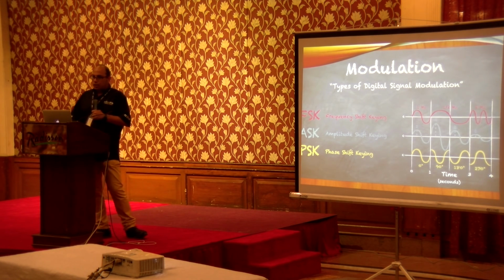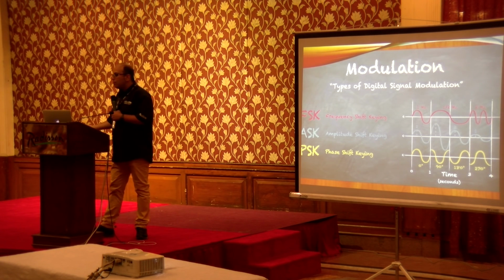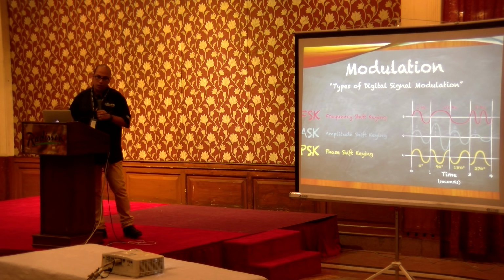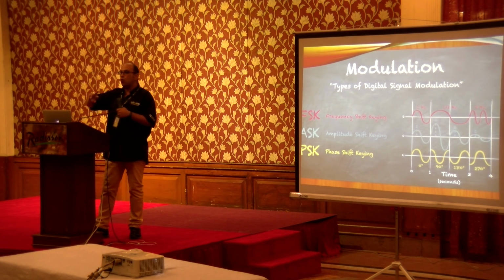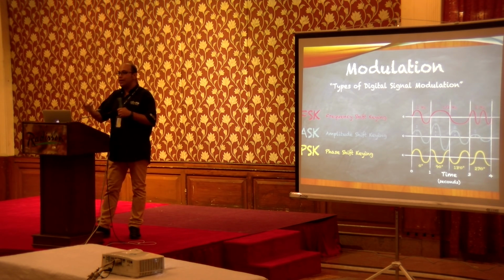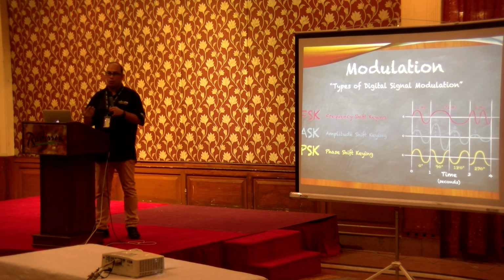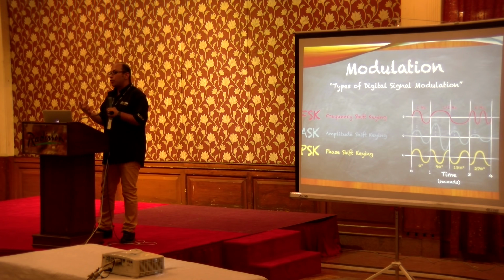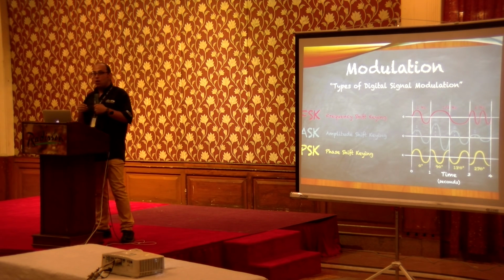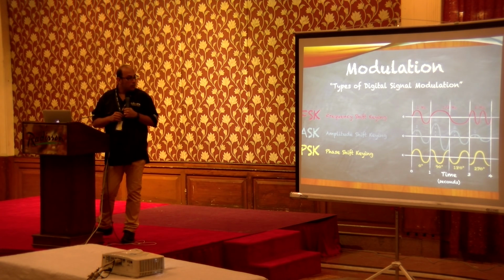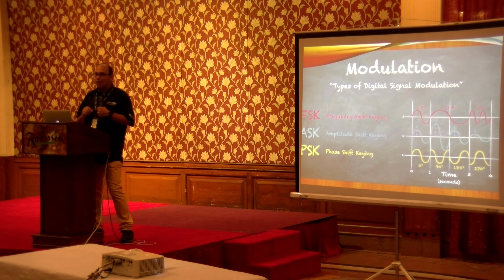Now about the modulation. Why do we need modulation? Because we cannot have a continuous waveform. What is modulation? Modulation is changing or varying some properties of the signal itself to be able to have a continuous waveform. You need to be able to change the properties of the signal, for example the phase, the amplitude, or the frequency of the signal.